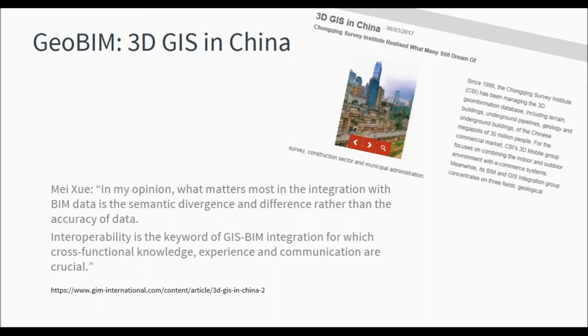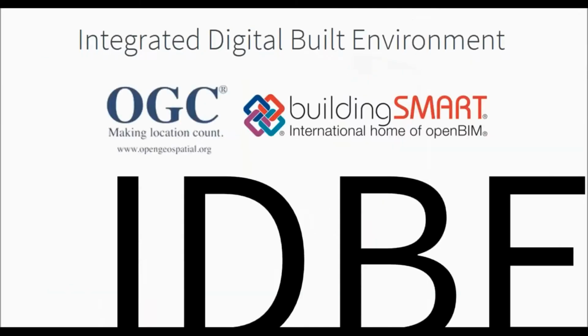And the statement I pulled out here was that it was less about perhaps more traditional, survey-influenced attributes of data around the accuracy, but it was all about the semantic difference and divergence, the different meaning, the different paradigm from which data was created, and that interoperability, again, is the key word here, was seen as an important thing to achieve by basically fusing the knowledge that comes in from a geospatial perspective and from a construction and BIM perspective.